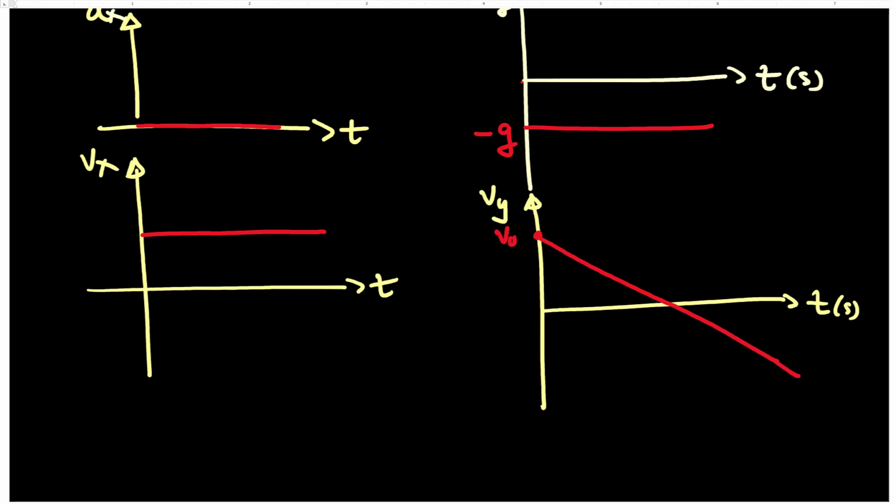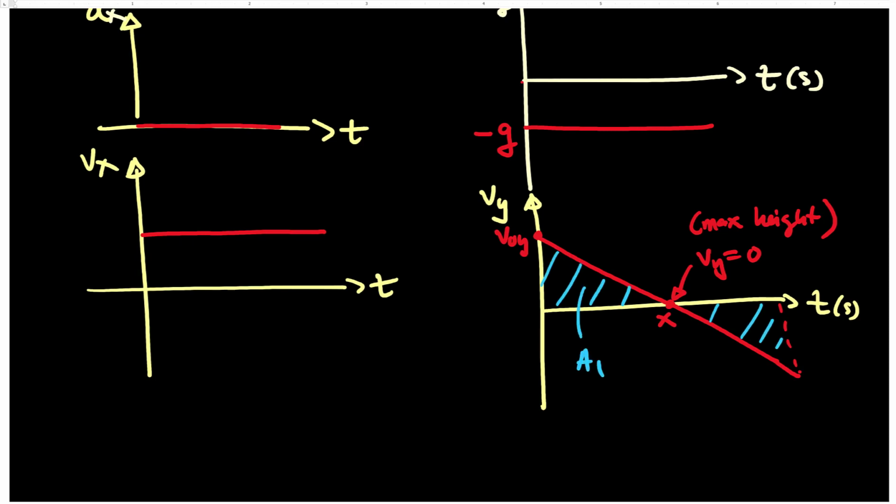This is voy. Keep in mind that at this particular point, vy is equal to 0, and this occurs at maximum height. Also, it is important for you to note that this area A1 is equal to A2.